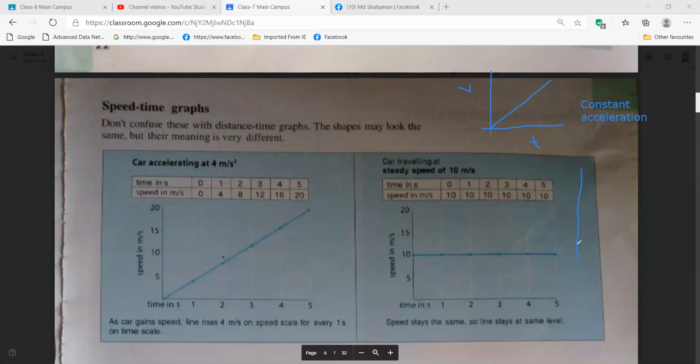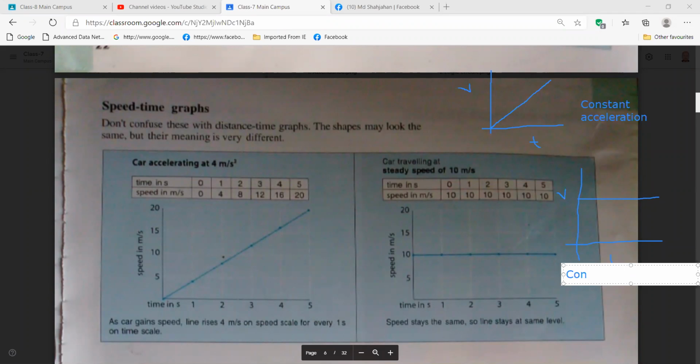So you draw the graph like this. It is a speed time graph. If the graph is horizontal, parallel with the time axis, then what are we having?